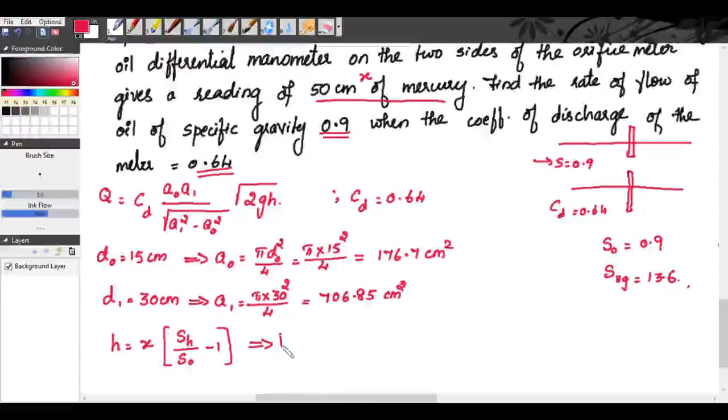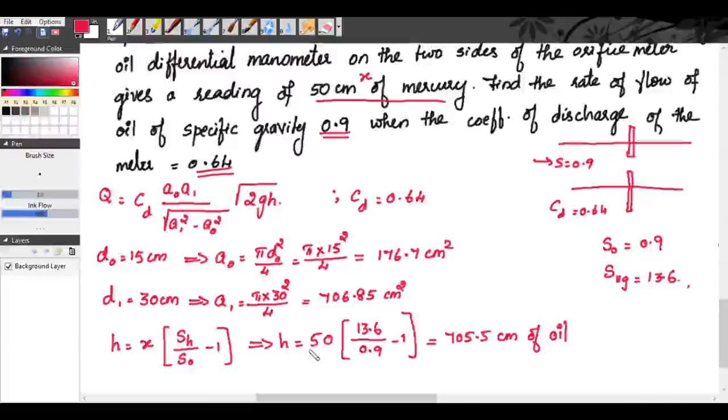So we get H is equal to, X is given as 50 centimeter of mercury, so 50 into SH is 13.6 divided by SO is 0.9 minus 1. We get H is equal to 705.5 centimeter of oil, because the flowing liquid is oil.